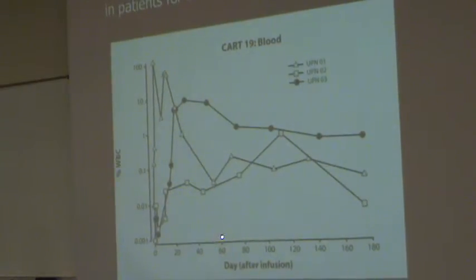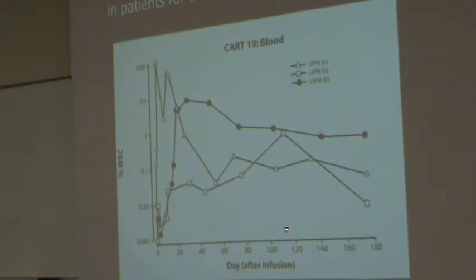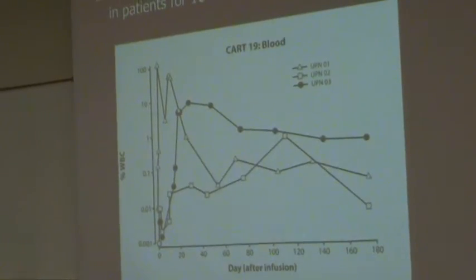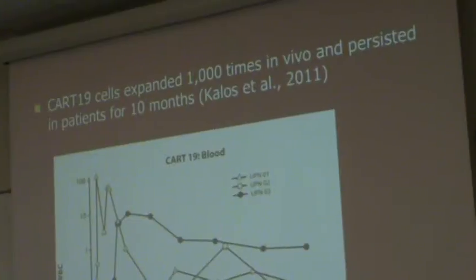And then what's interesting is around day 80 out to day 180, you see that the CART19 T cells kind of stabilize, and so this shows that they were able to proliferate in the patient, and that they were also able to remain functional in the patient for several months after they were infused. Researchers estimated that the CART19 cells expanded 1,000 to 10,000 times inside the patient.